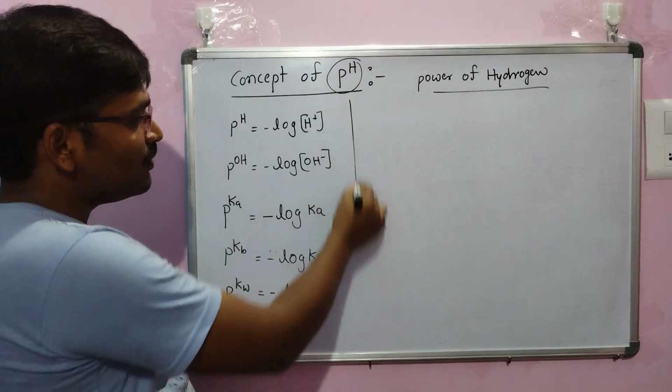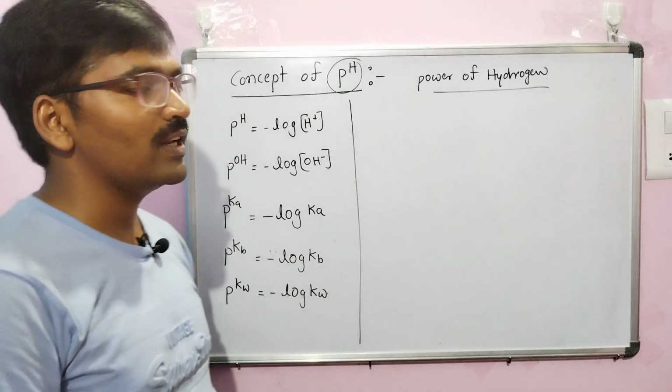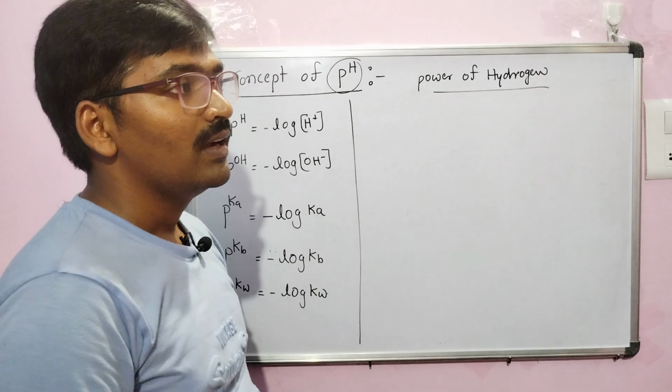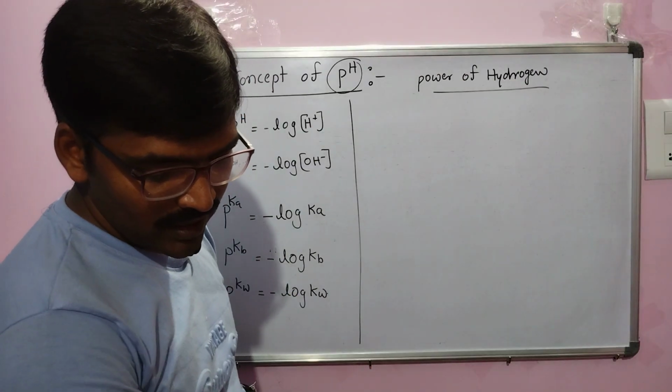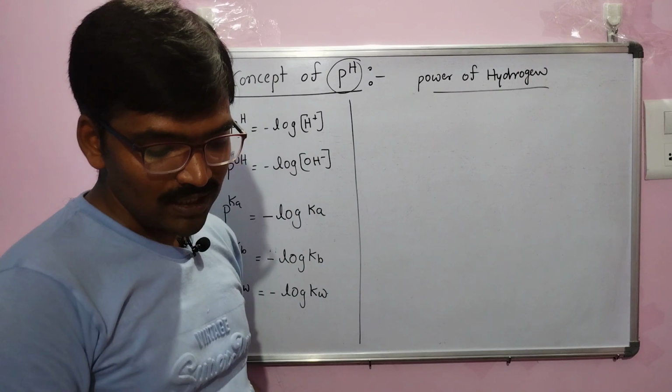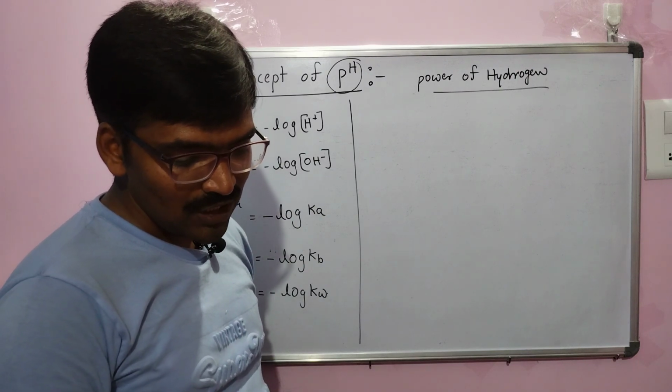Consider some common solutions: human blood, egg white, and magnesium hydroxide.